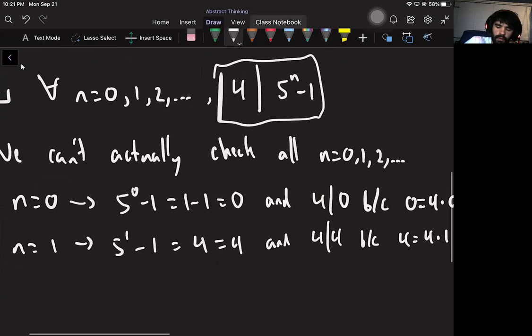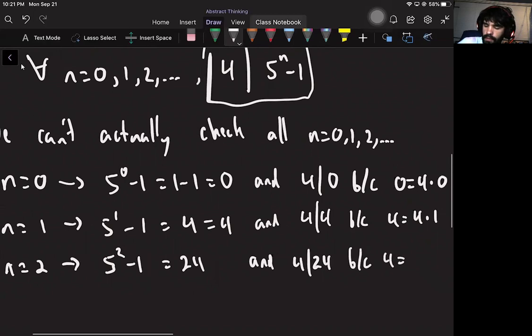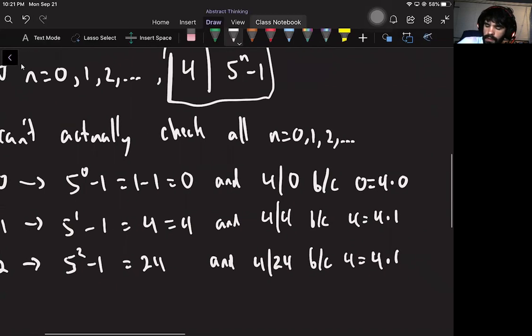I'll do one more just to see more interesting numbers. 5 squared minus 1, 25 minus 1, is 24. So does 4 divide 24? Yes, because 24 equals 4 times something. What's that something? This time it's 6.